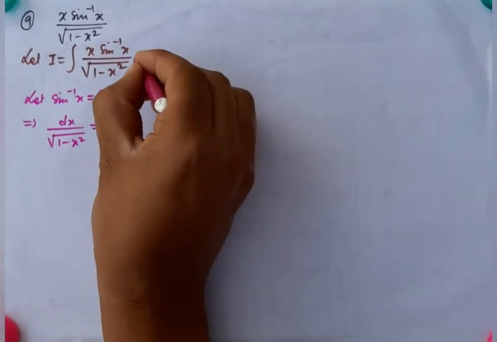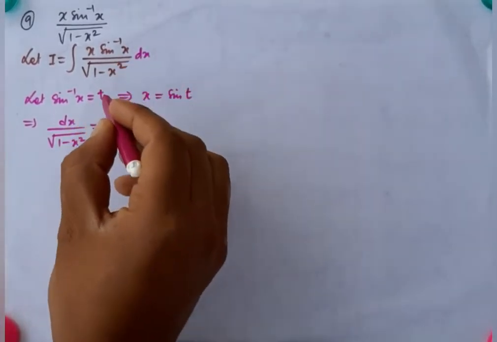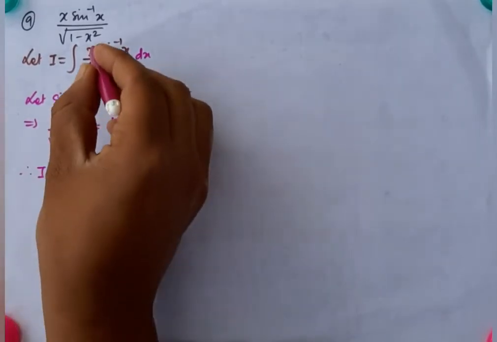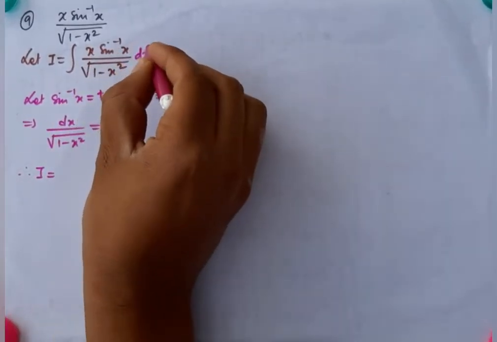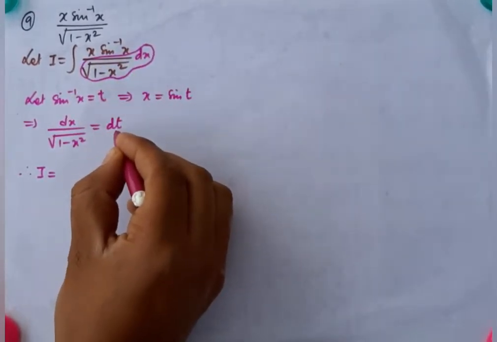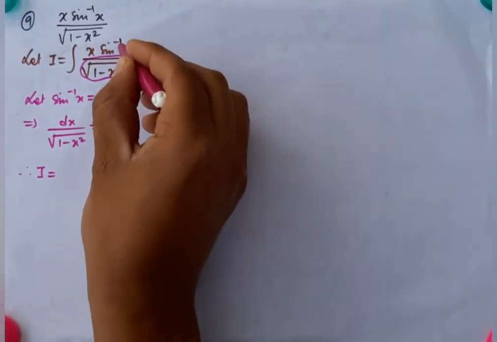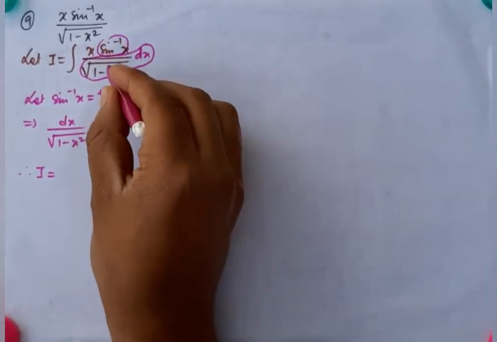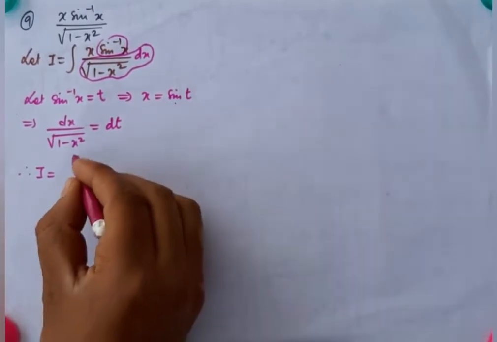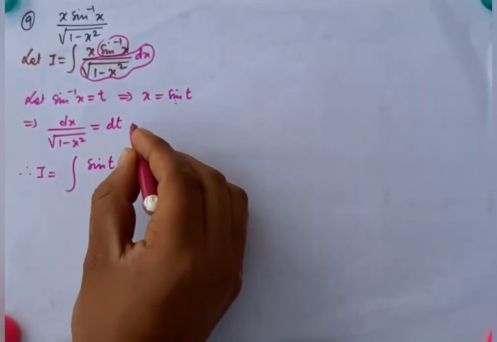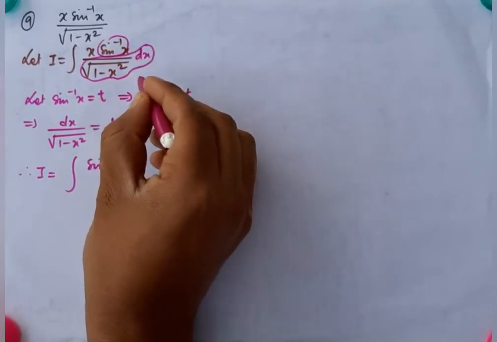I'm sorry, I've forgotten dx also. So here this I becomes, see carefully, this entire thing is dt. What is sine inverse x? This is t. And what is x? x is sine t. So instead of x I am writing sine t, and instead of sine inverse x I am writing t.